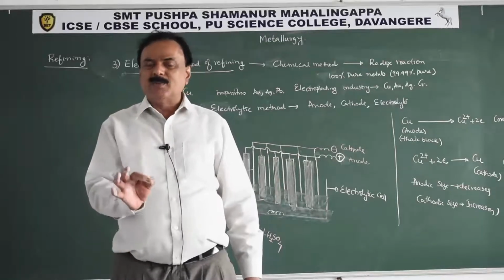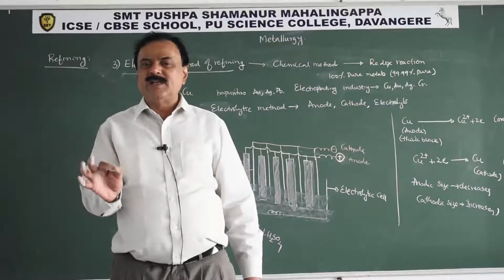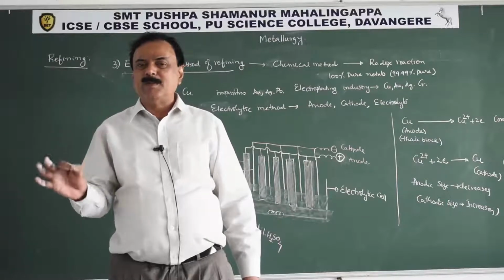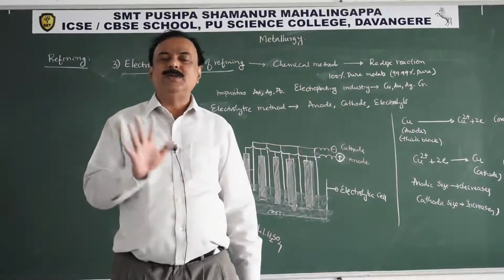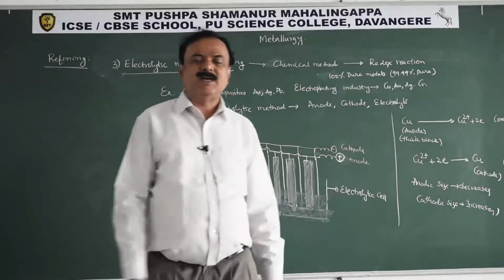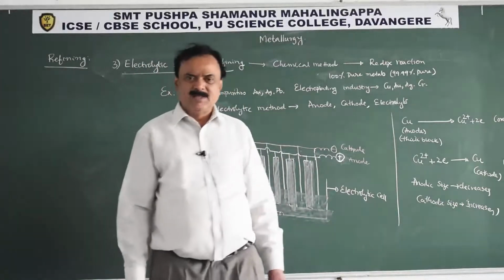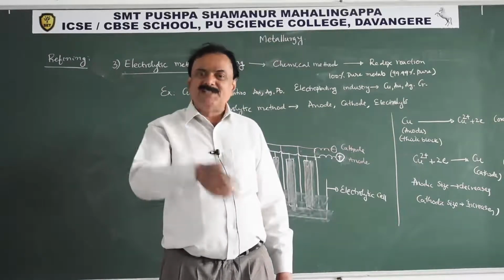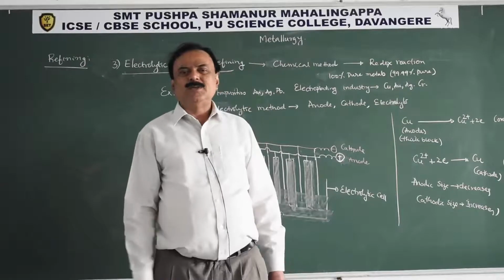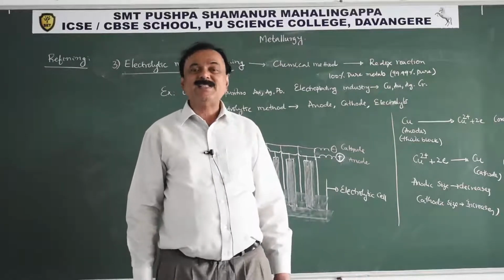Anode mud obtained at the end of the electrolytic refining of copper contains noble metals like gold or silver or even, to some extent, platinum. It is a useful product because we can recover the noble metals by means of the cyanide process.